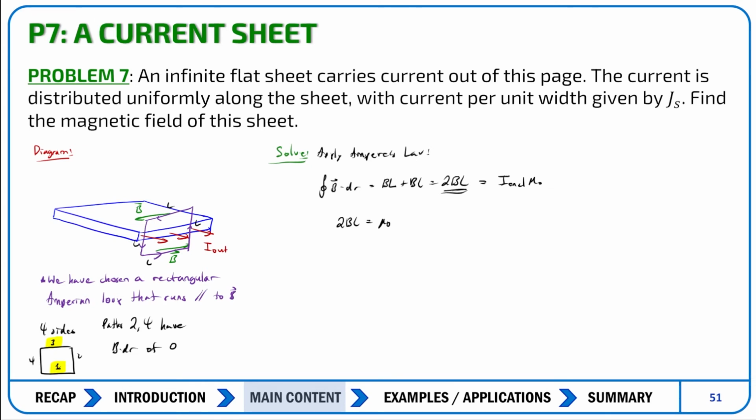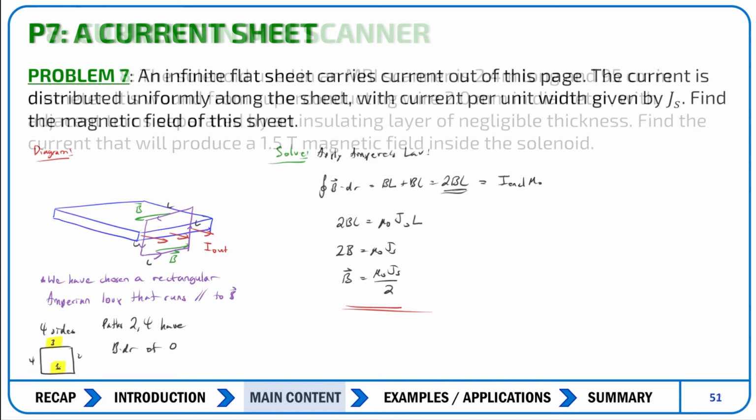I enclosed is simply the current per unit of width times the width, which is L, so we get 2B equals mu naught JS, and B is equal to mu naught JS divided by 2. So that would be our answer for the magnetic field of this sheet.